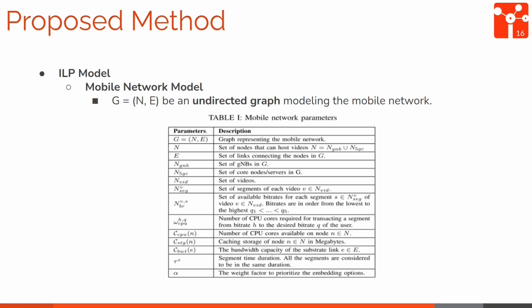Similarly, the other parameters are C_CPU, which represents the number of CPU cores available on the node, C_STG, which refers to the caching storage of the node, and C_BW, which refers to the bandwidth capacity of the substrate link.